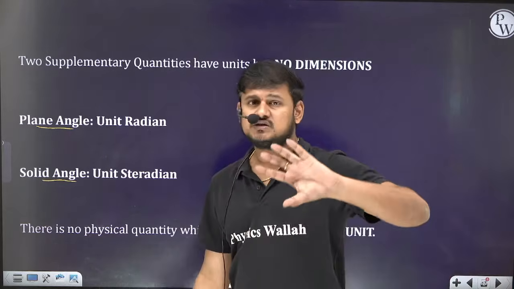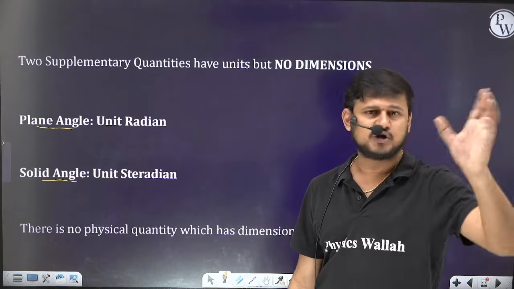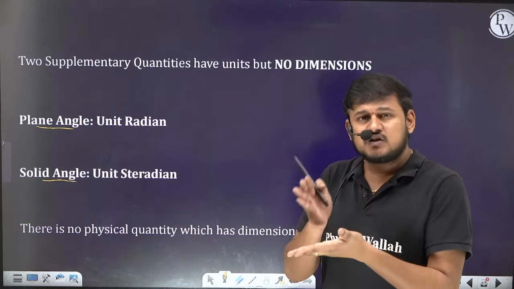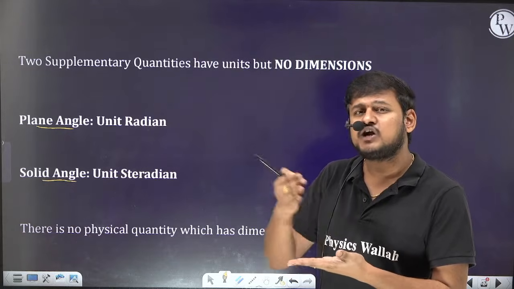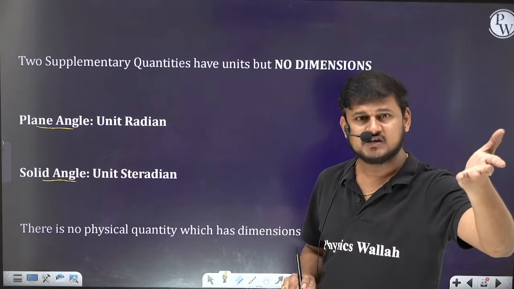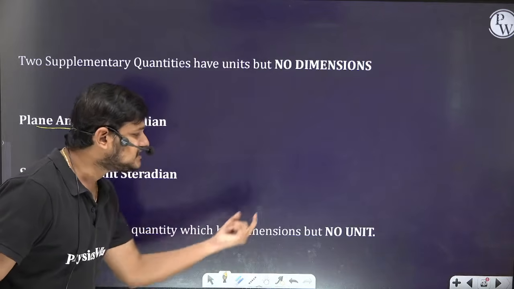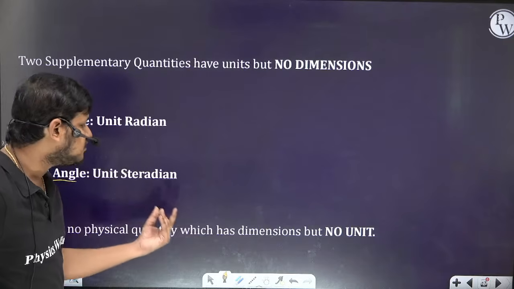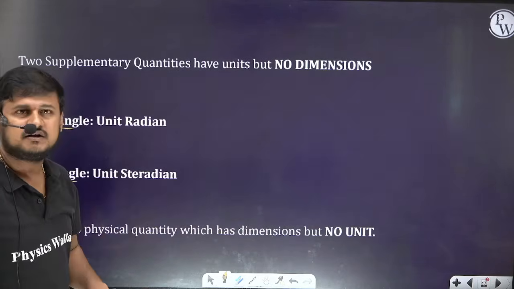Now this statement can be given as an assertion reasoning question type, or a question like which of the following can be true. A physical quantity can have units, but it may or may not have dimensions. But if any physical quantity has dimensions, it must have units.